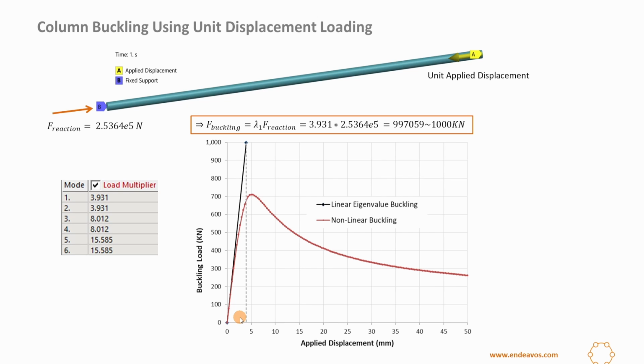That means my limit design load, or allowable load, will be set at 350 kilonewtons. If this rod is used in a non-critical situation, meaning if the failure of this rod will not lead to significant loss or catastrophic failure, then we can go as high as 600 kilonewtons.